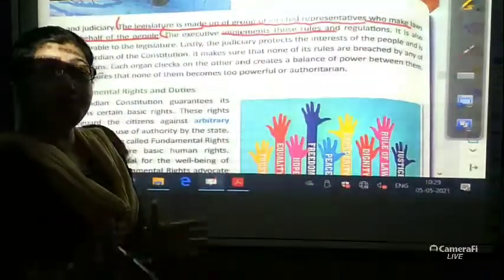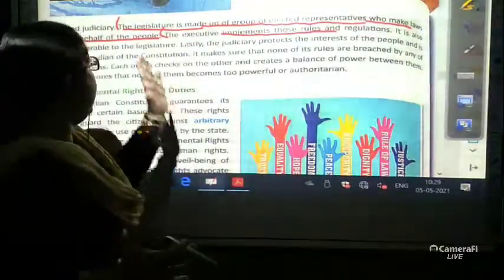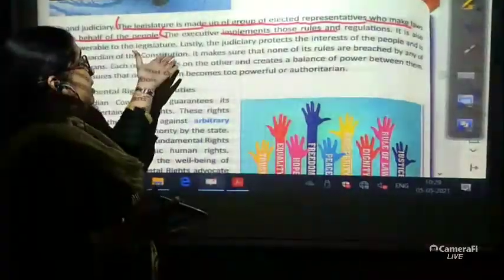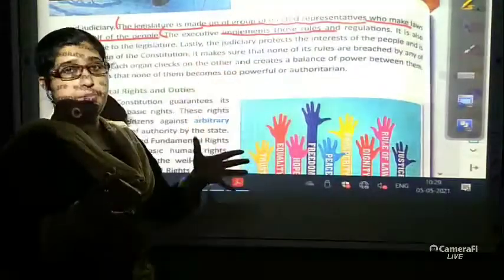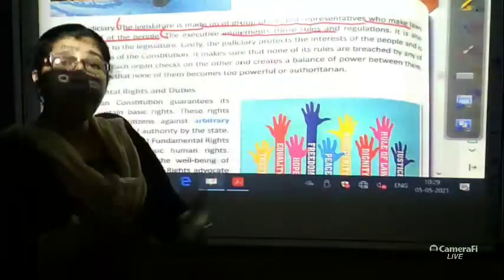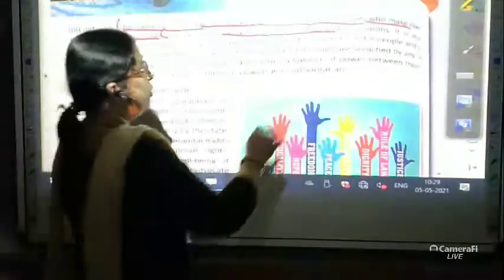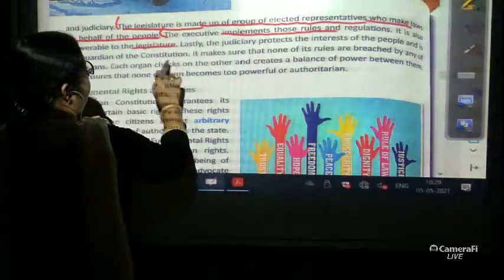Whatever laws, rules and regulations are made by the legislature, the executive department implements them. It is also answerable to the legislature.